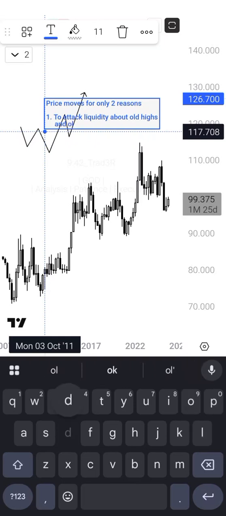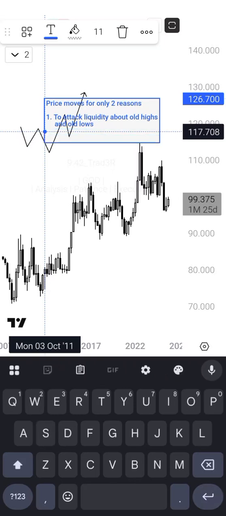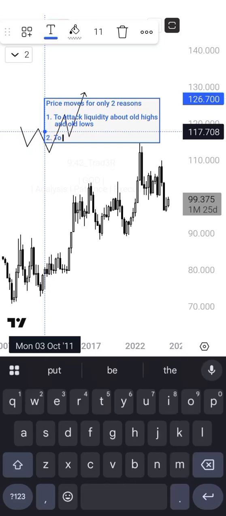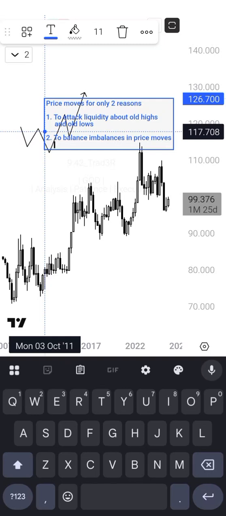Let's put it that way, old lows. Then reason number two is to balance imbalances in price, brackets, FVG.